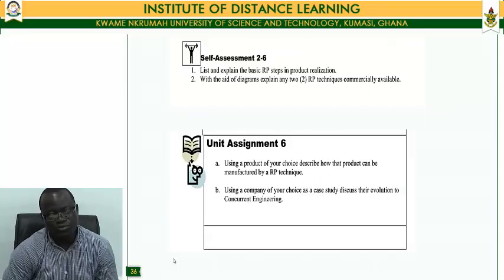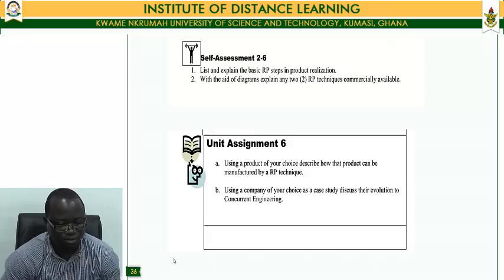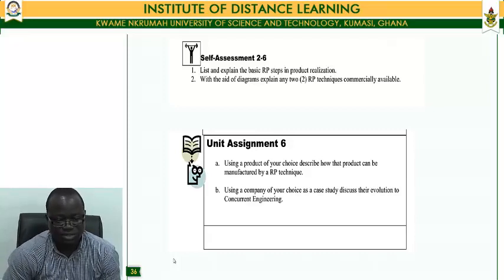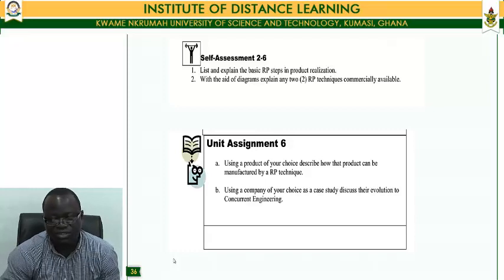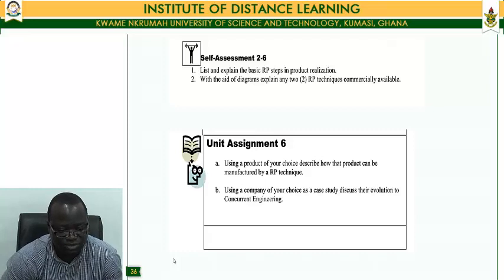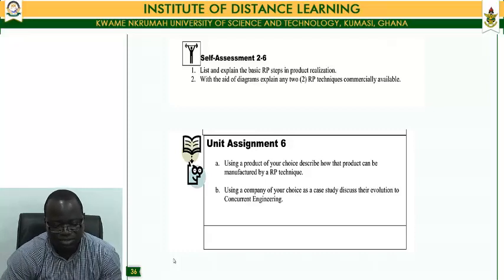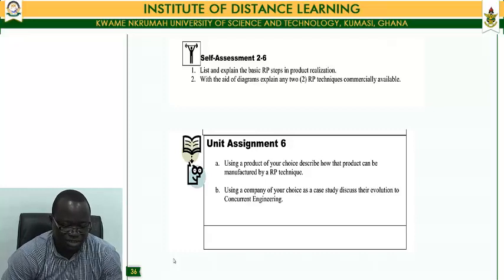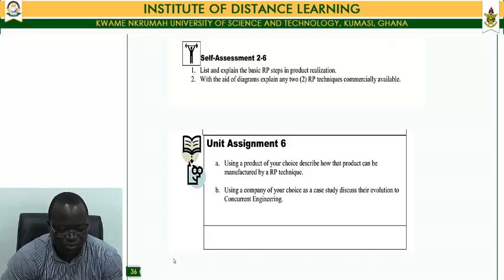Okay, so that brings us to the end of this series. That's Unit 6, where we looked at rapid prototyping, rapid concurrent engineering. So basically, by way of self-assessment, you can look at the questions that are listed here. The Unit 6 assignment is shown there.